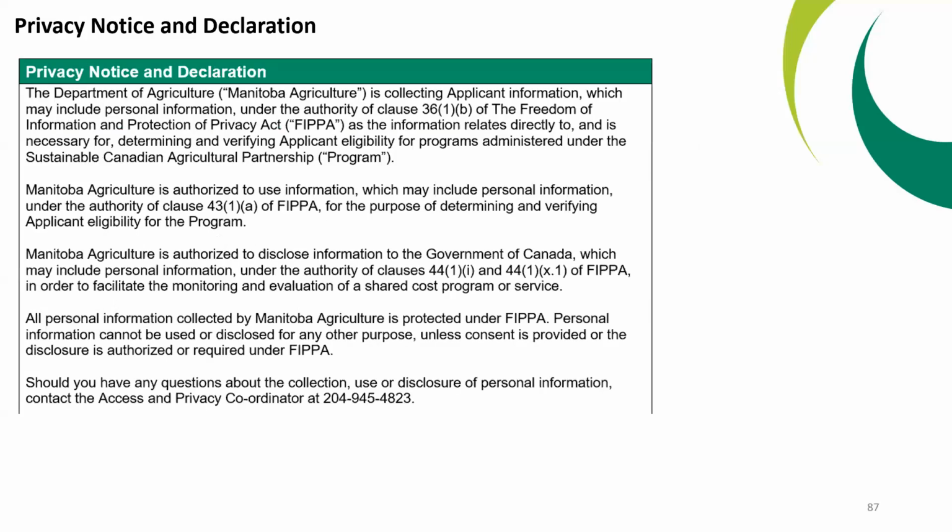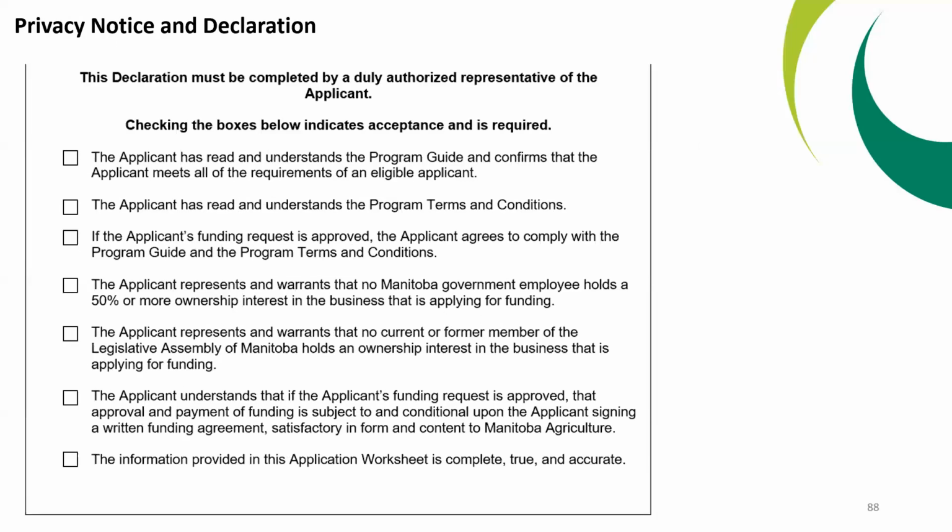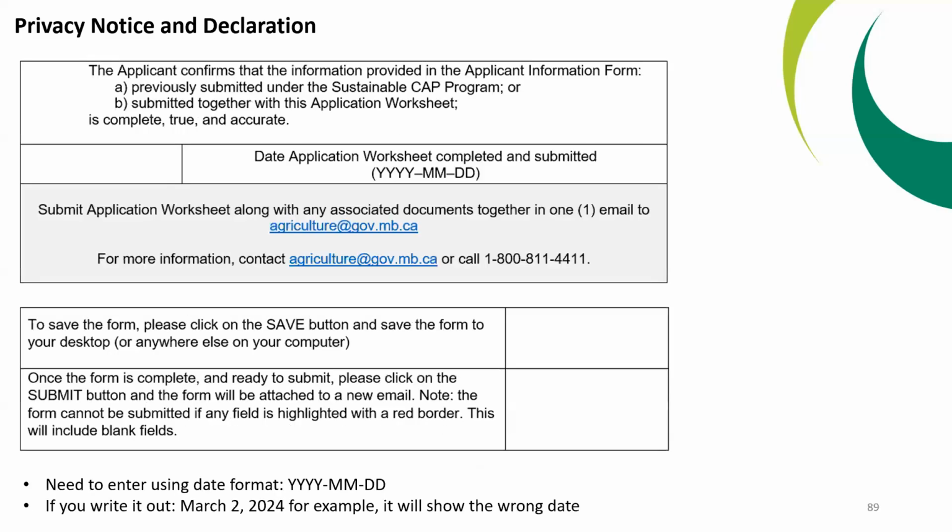There's a privacy notice here that you'll want to read, and then there's a bunch of check boxes. So in checking these boxes, you are swearing to these statements and that everything you're providing is true and accurate. And then there's a place here to put the date, and again, do the right date format.